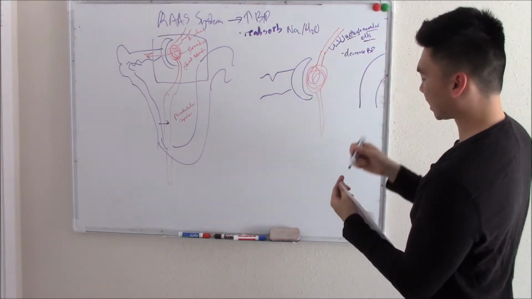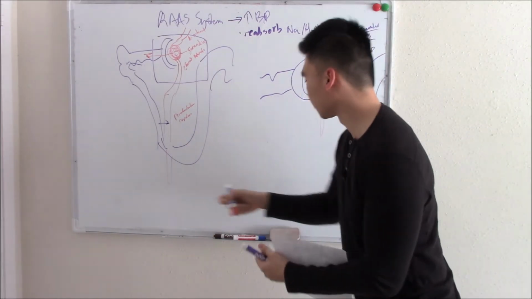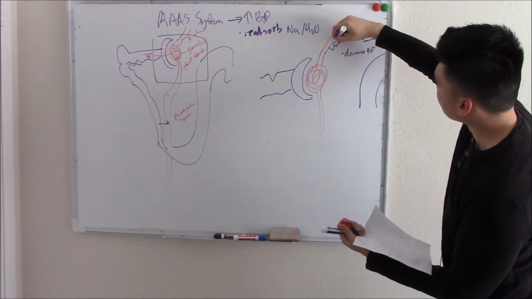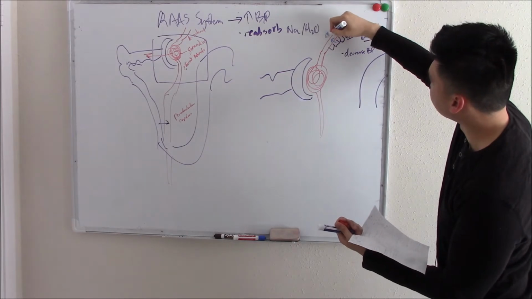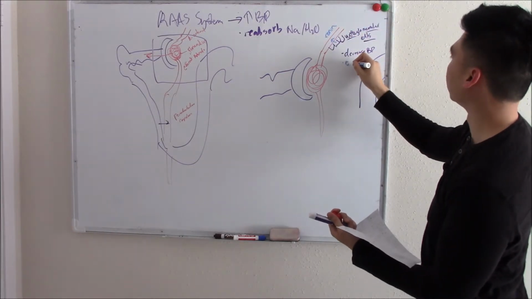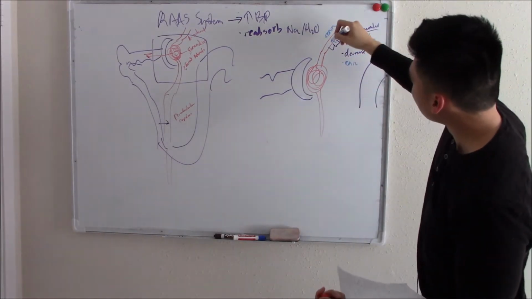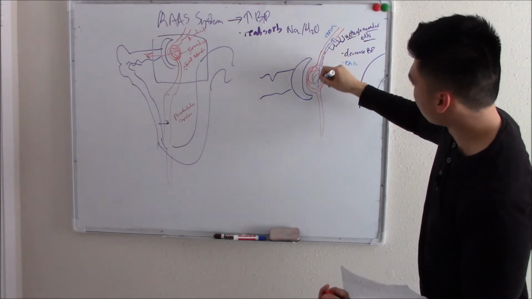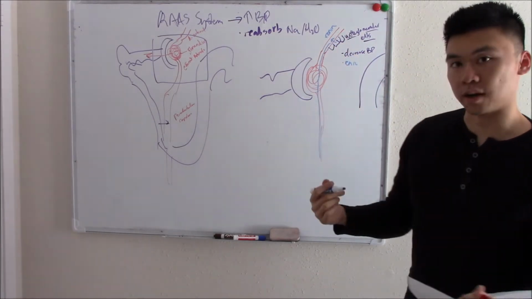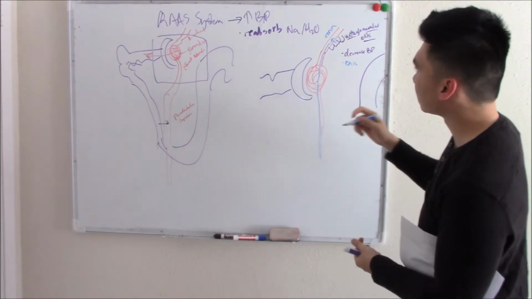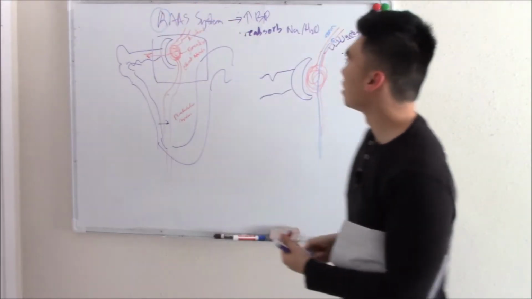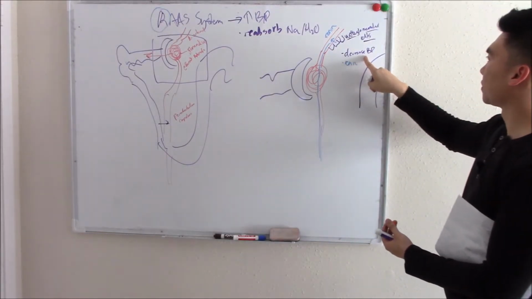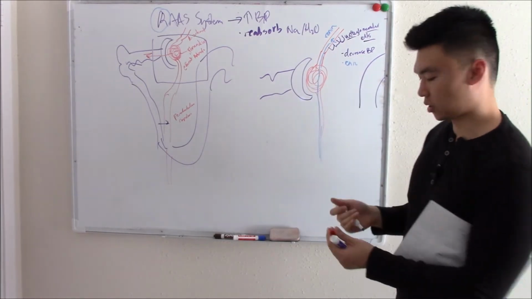And when they sense that, they release an enzyme called renin. All right, renin. And this renin will go through, not get filtered through, and continue onto your body. And renin is the first part of our system. So it senses a decrease in blood pressure, releases renin to raise that blood pressure back up.